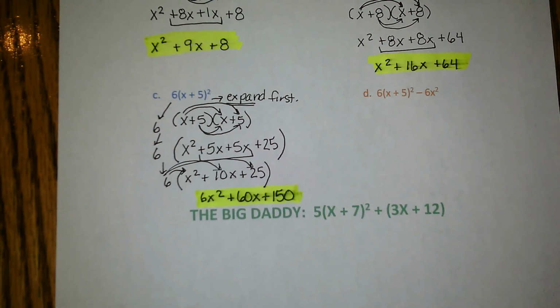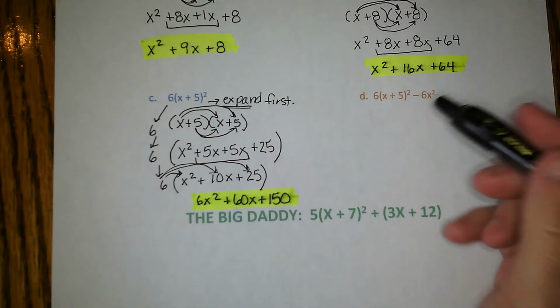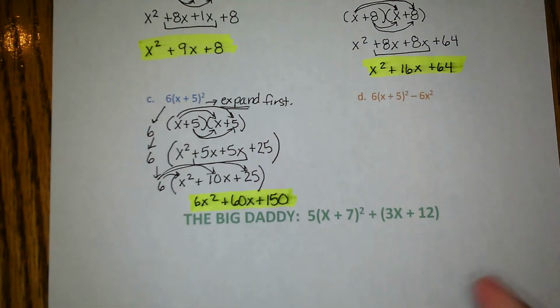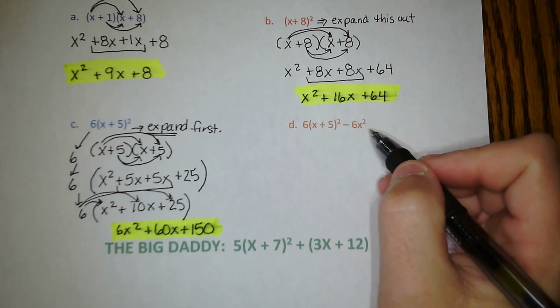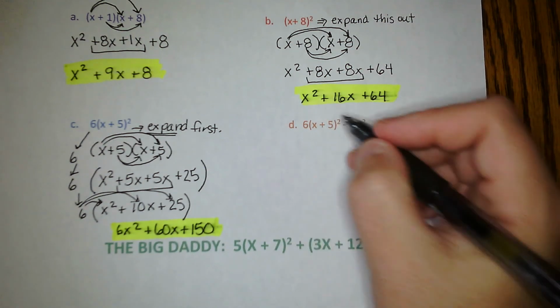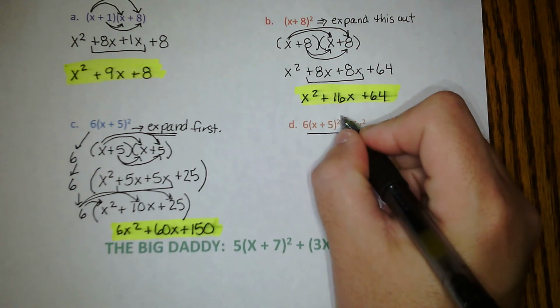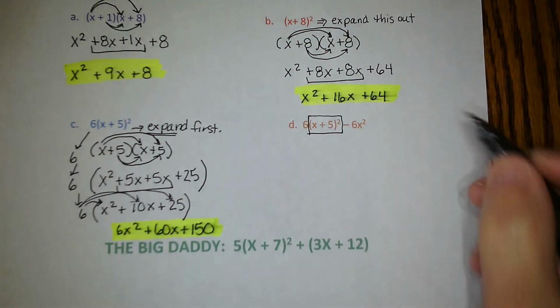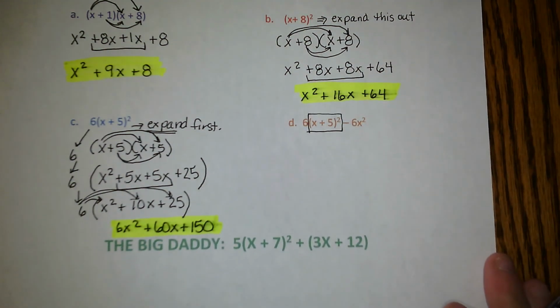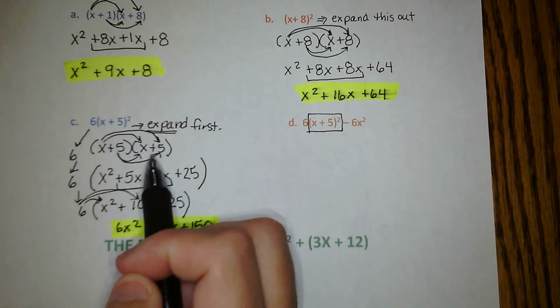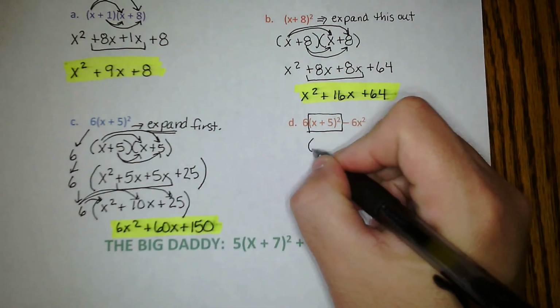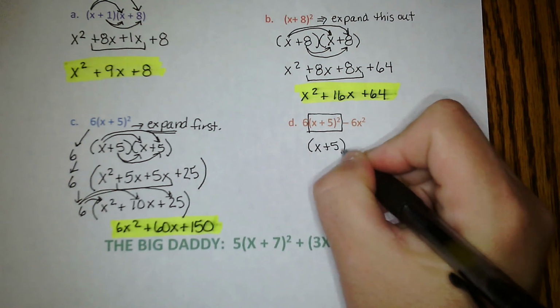Done. Now, to take this a step further in progression, let's take a look at this expression. The first thing I see is I've got 2 exponents, but we want to expand this one first. We're going to expand out that x plus 5 squared. Good news is we kind of already did that here. So we're going to write out our x plus 5 times x plus 5.